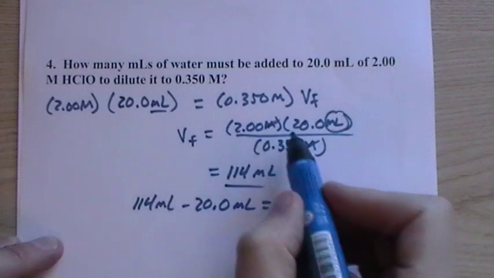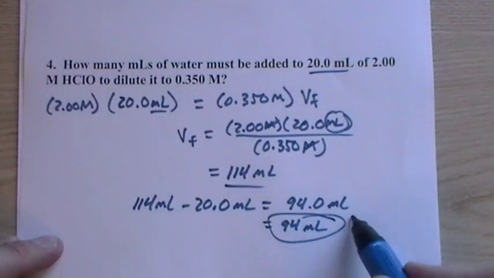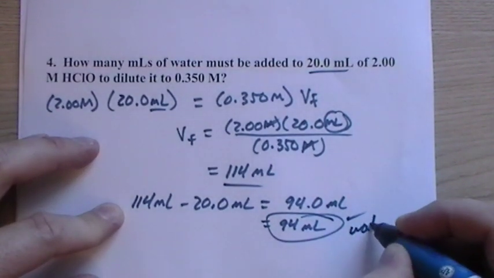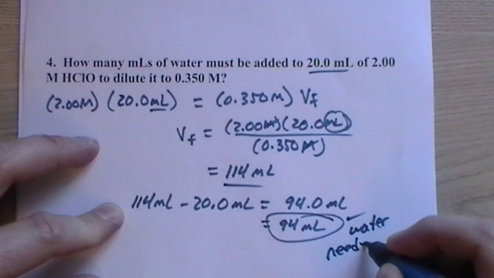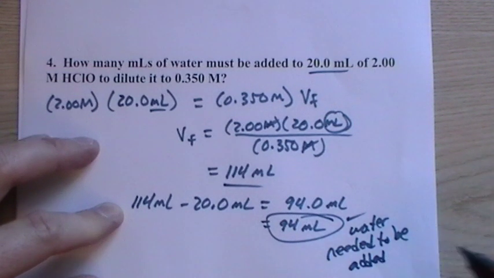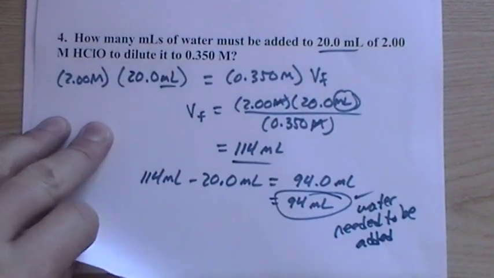So what you do is you find out what your final volume should be, you take what you started with, subtract them, and that's how much water you need to add. So the water needed to be added is 94. That's it.